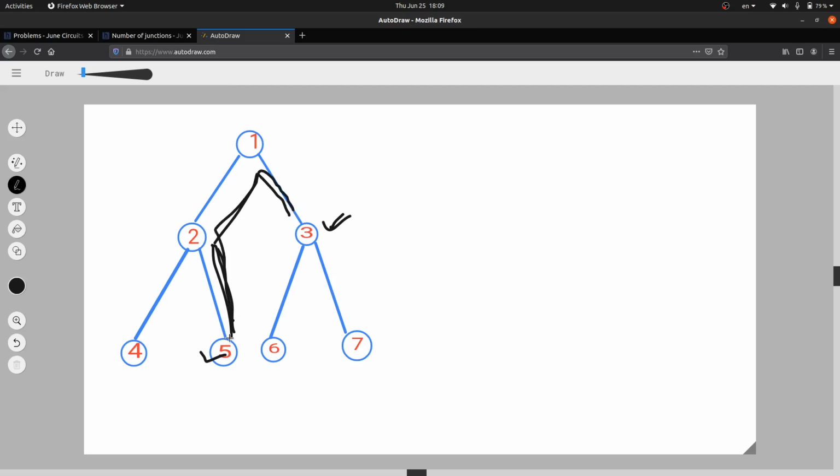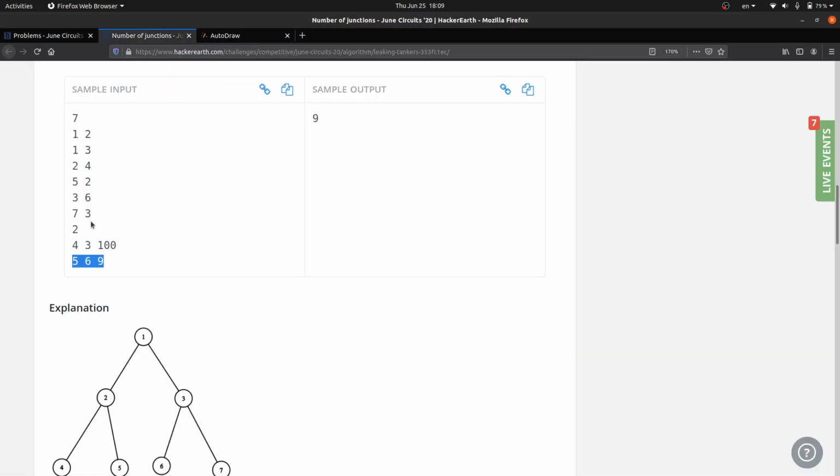Once we have found the path, we will allot the respective oil spilled. So suppose this is one path, this is another path in the second case.